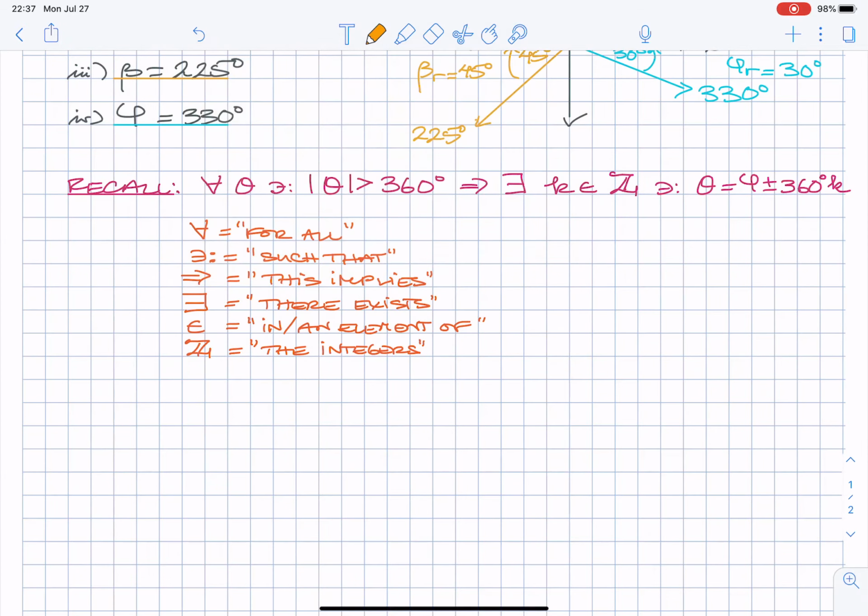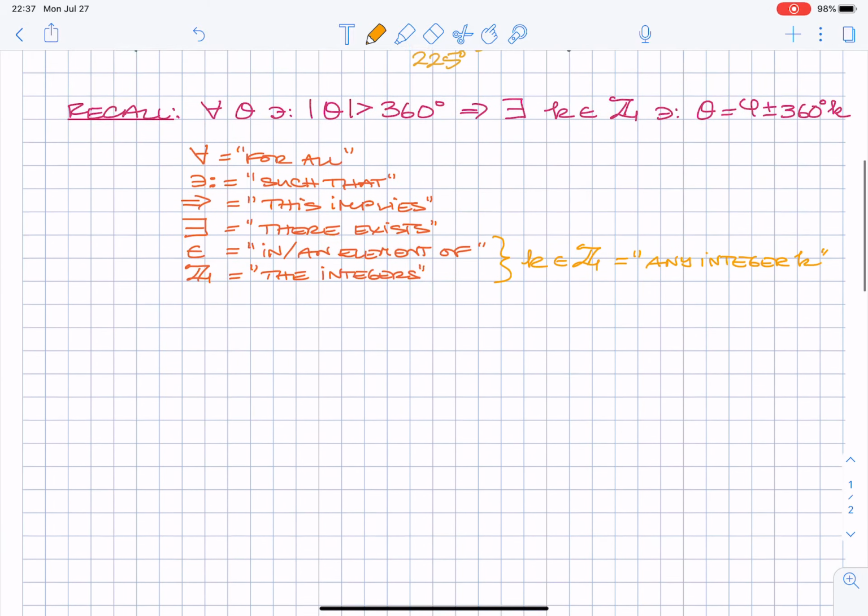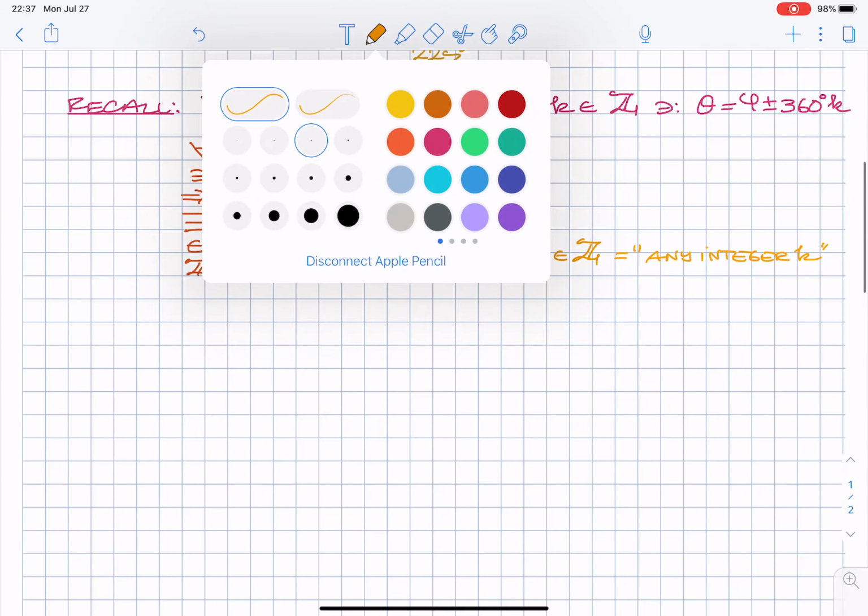Okay, so what I'm going to do is translate the following. k is an element of the integers. We can translate as any integer k. Okay, so what do I mean by this?